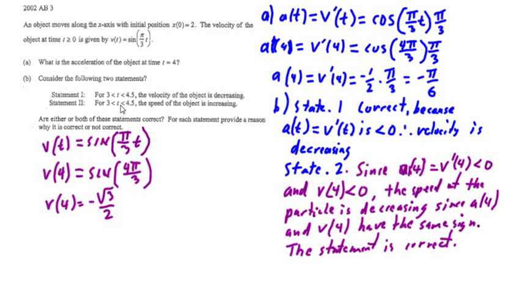So for part B to make any sense, we would have to examine probably any value within that interval of 3 to 4.5, which we did at 4, so this should be correct, is correct. Good luck, and thanks for viewing.